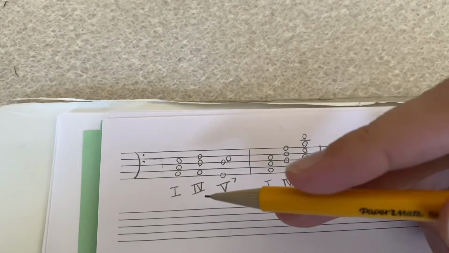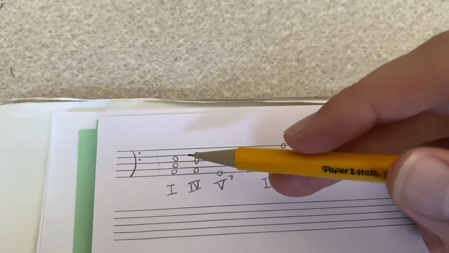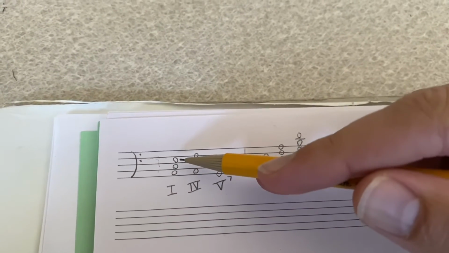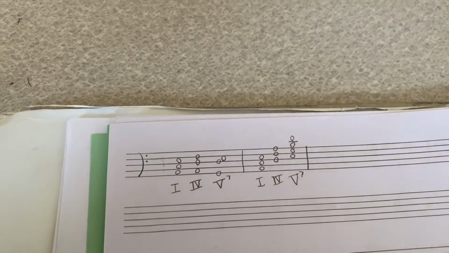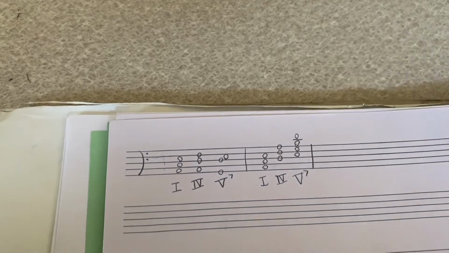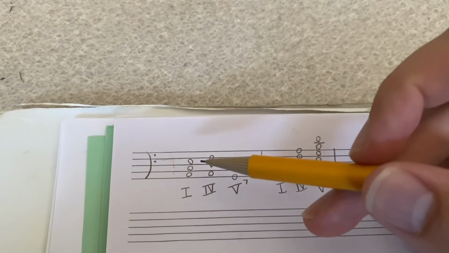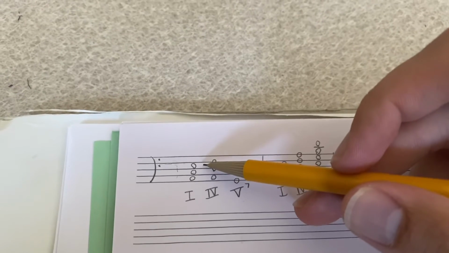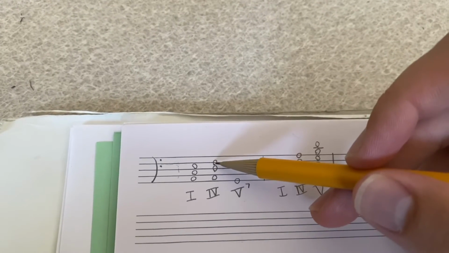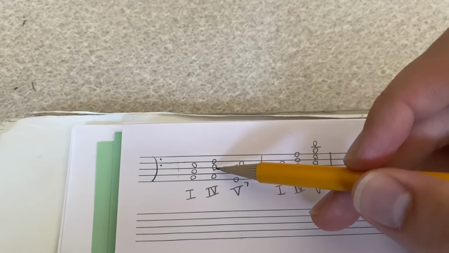But there are a couple deeper reasons why, because in tonal harmony, usually we would like to move by half steps, which means one step. You can see how this E moves up one and also moves down a half step.